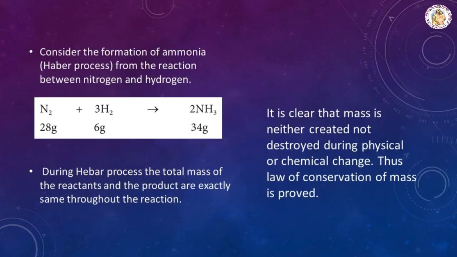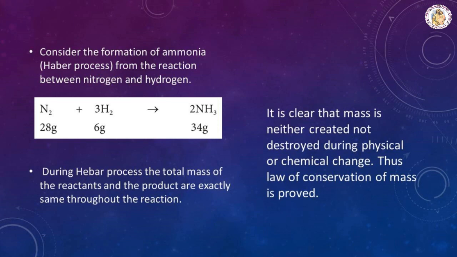Next, consider the formation of ammonia in the Haber process from the reaction between nitrogen and hydrogen. In the Haber process, 28 grams of nitrogen and 6 grams of hydrogen give 34 grams of ammonia. So here, what is the total weight of the reactants? 28 plus 6, it is 34 grams.